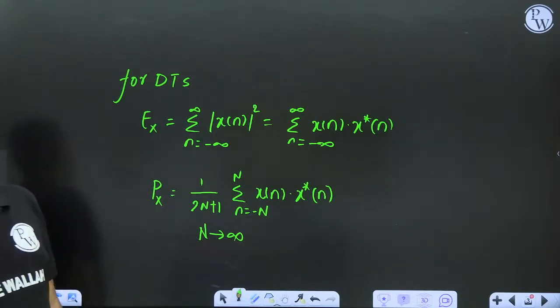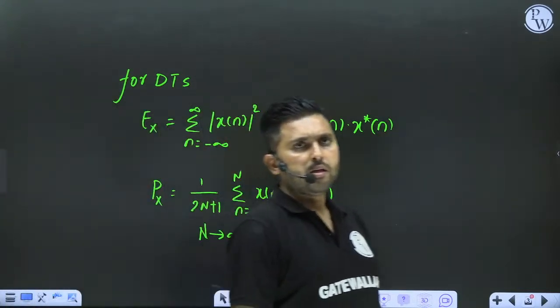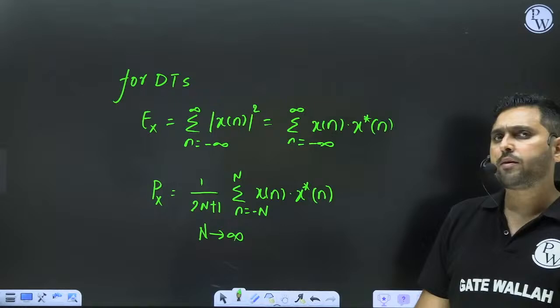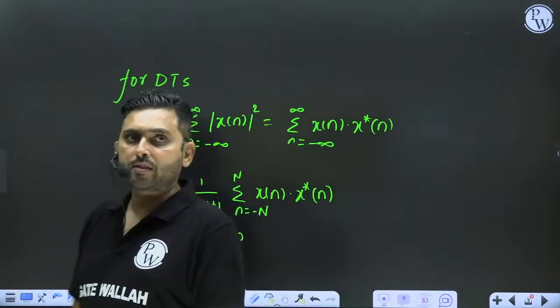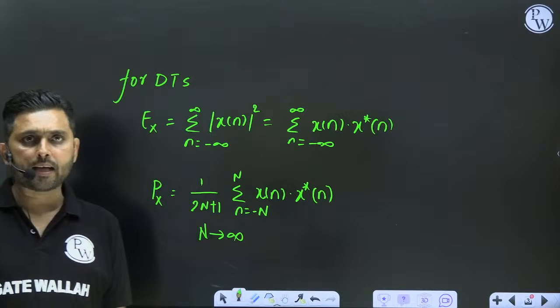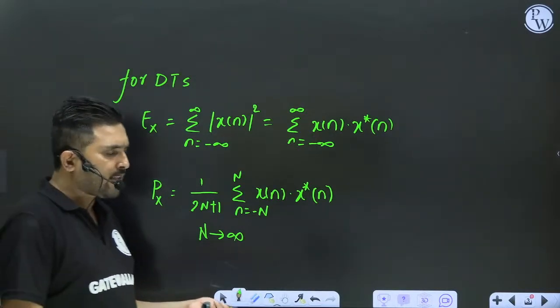That's the power and the energy of a function in continuous time and in discrete time. This I covered in the last class itself.